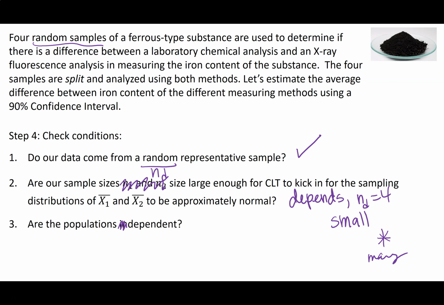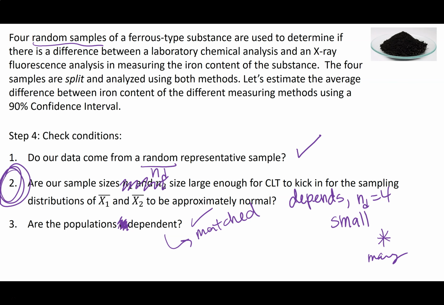It's definitely really hard to tell with only samples of 4. So here, you notice I crossed out, are the populations dependent? They are matched. Each sample is analyzed with both methods. So sample 1 has its iron content measured with X-ray fluorescence analysis and the chemical analysis. So yes, it is matched.